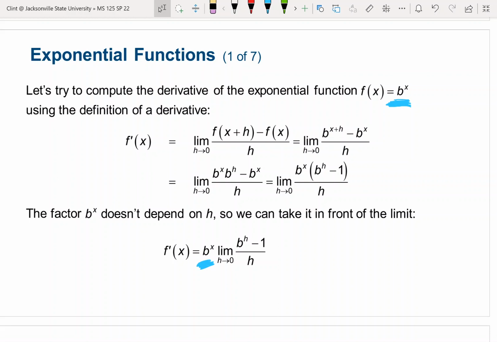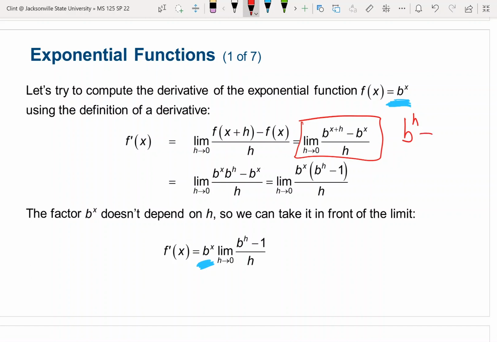So here, let me show you where I'm looking. We'll plug in 0 for x. What are we going to get? We'll get b to the h, right? 0 plus h is just h.